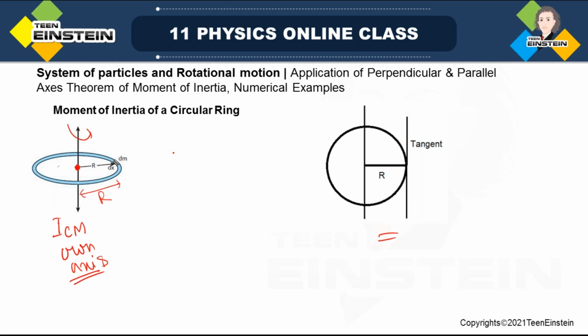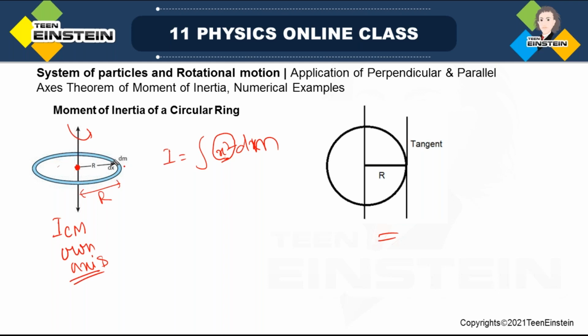I know what I have to do: integration of x square dm. In this case, x is not a variable, because it is the distance from the mass element to the axis of rotation.